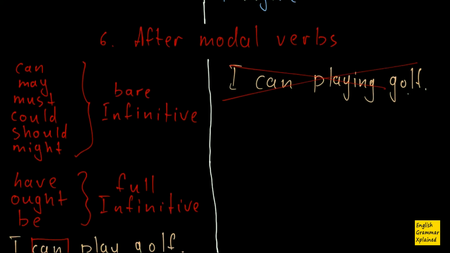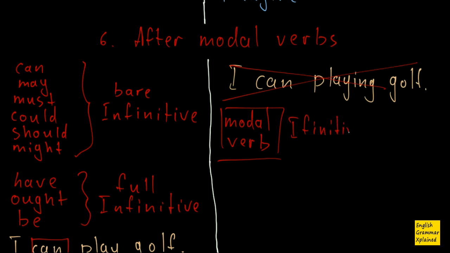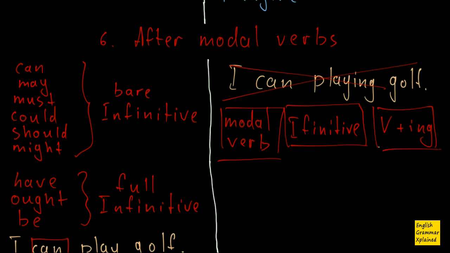But there is some trick. We can put a modal verb in our sentence, no matter which. Then we put an infinitive. And after this infinitive, I can place a gerund. Like that. So, ing form or gerund can be put after infinitive.